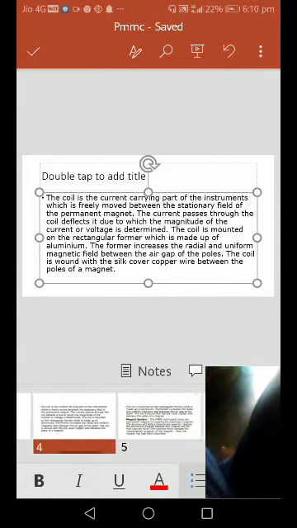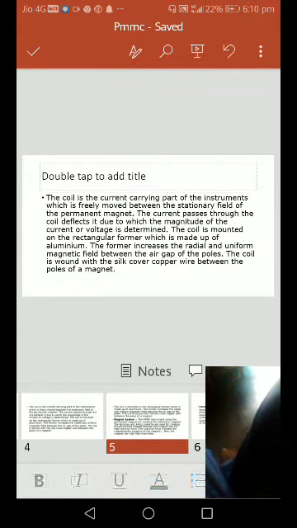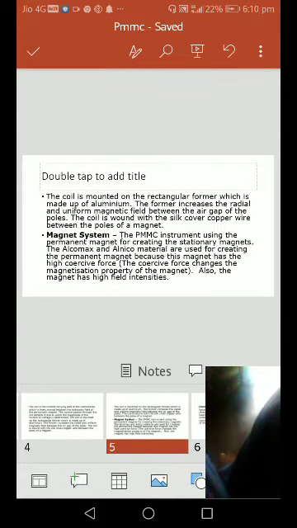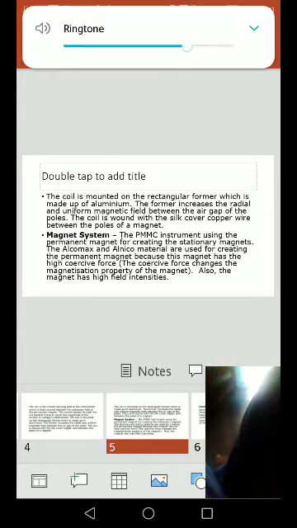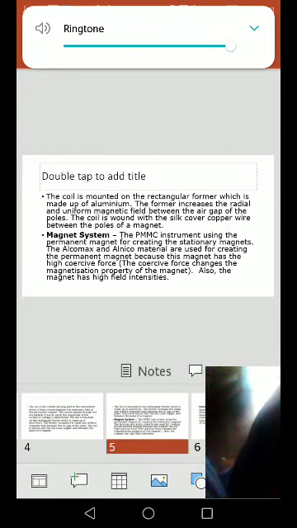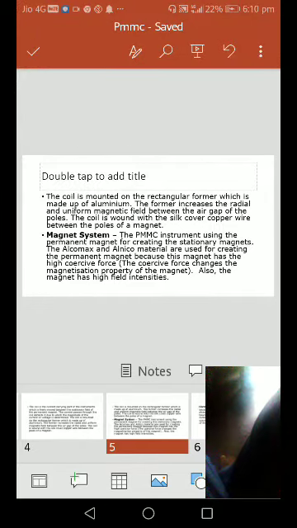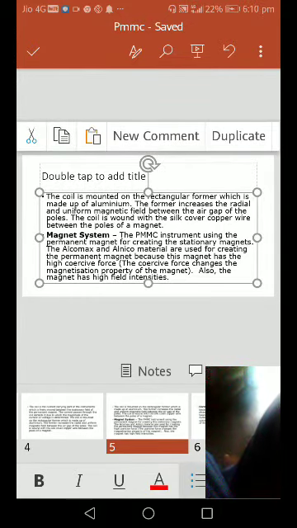In the next slide of this PMMC, the coil is mounted on a rectangular former which is made up of aluminum. The former increases the radial and uniform magnetic field in between the air gap of the poles.